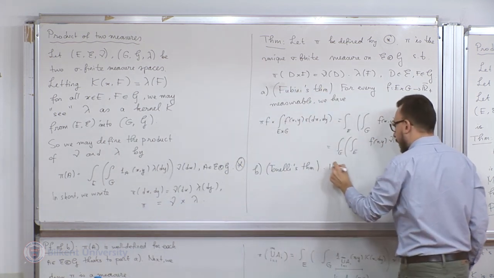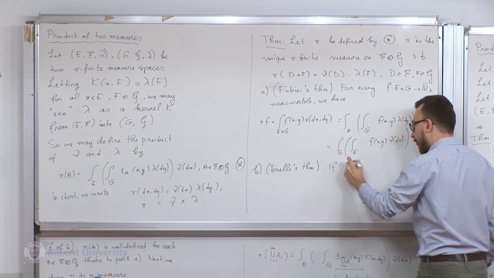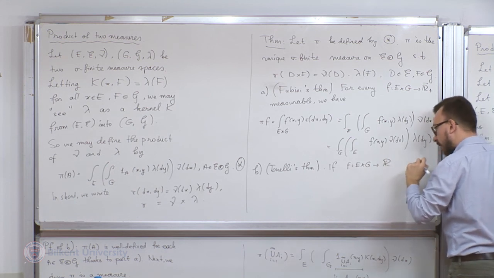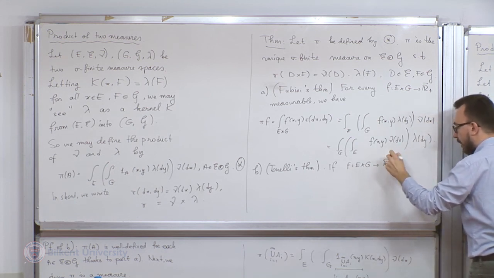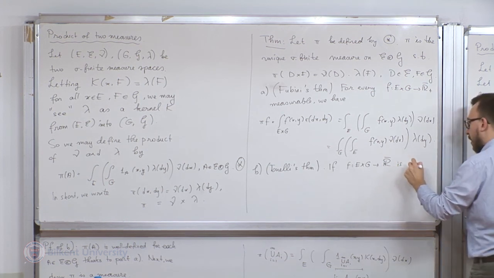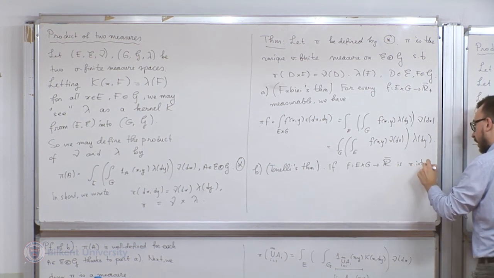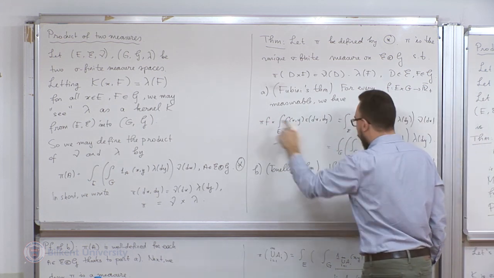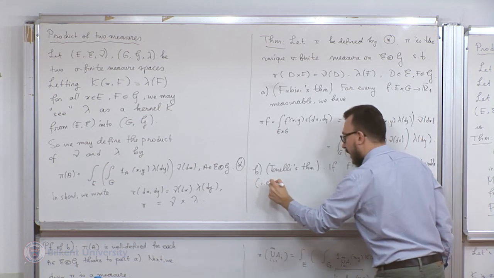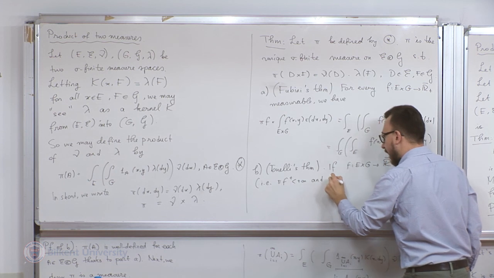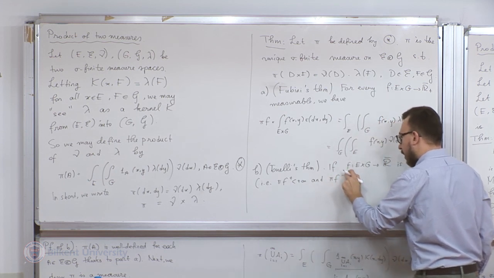So if f, now into reals, or maybe just R bar, is pi integrable, meaning that this pi f is well defined, let me write it this way: pi f plus is finite, and pi f minus is finite.